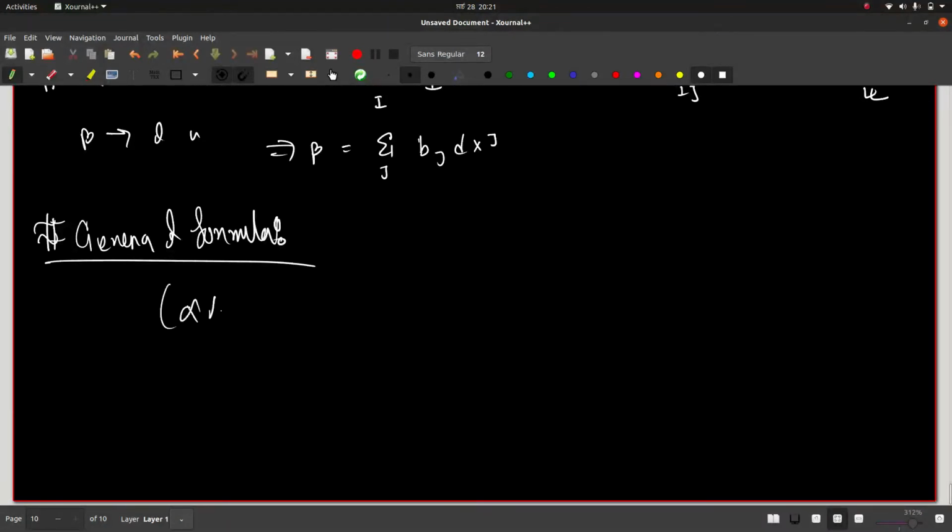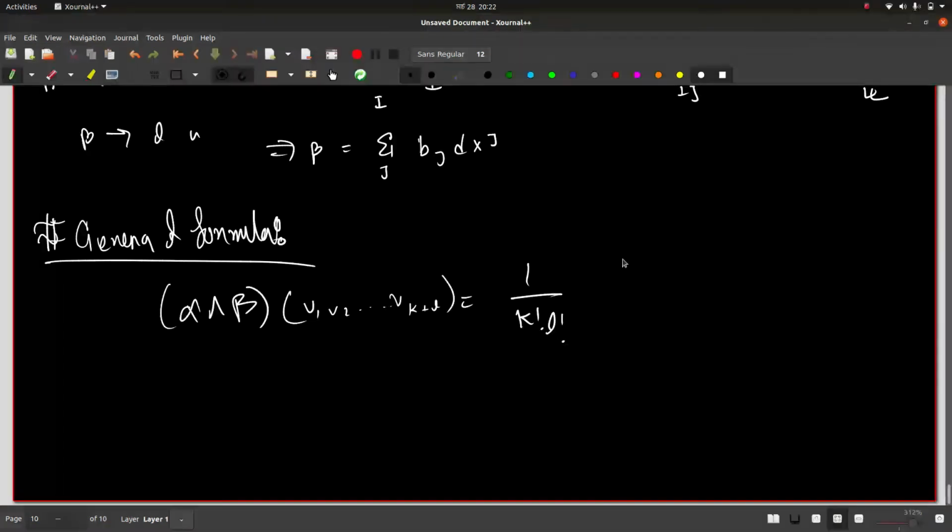If you have some alpha and beta that are acting on v1, v2, up to vk plus l vectors, this is written as 1 over k factorial l factorial, and there is a summation, and there is a sign that actually comes from the totally antisymmetric tensor.